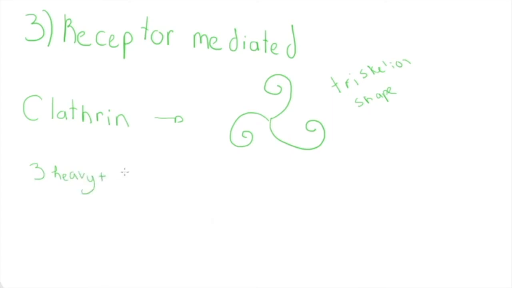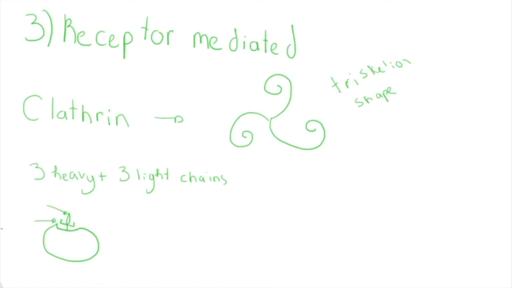So it needs adapter proteins, for example AP2, adapter protein 2, among others, to do the actual endocytosis. Binding of the receptor to the ligand allows the subsequent binding of the intracellular part of the receptor to the adapter proteins.